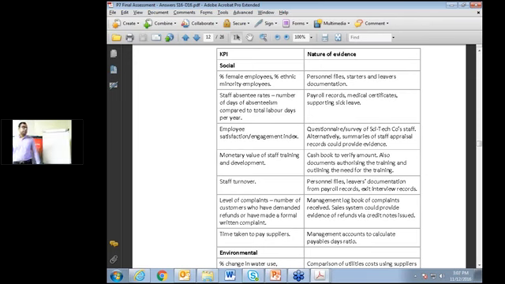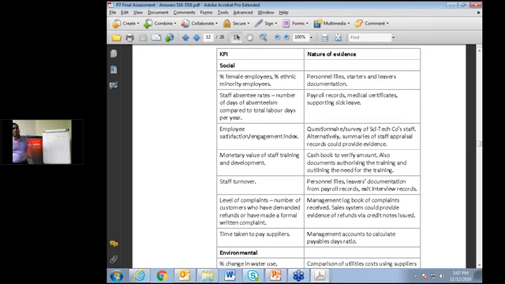For staff absentee rates, you want to check the attendance record, the payroll record, especially whenever somebody has taken a sick leave. So they would have come up also with a medical certificate or a medical practitioner's statement that this person is not well and I prescribe rest or day off from work, something like that. So all of that could be done basically when you come up with the right kind of procedure.